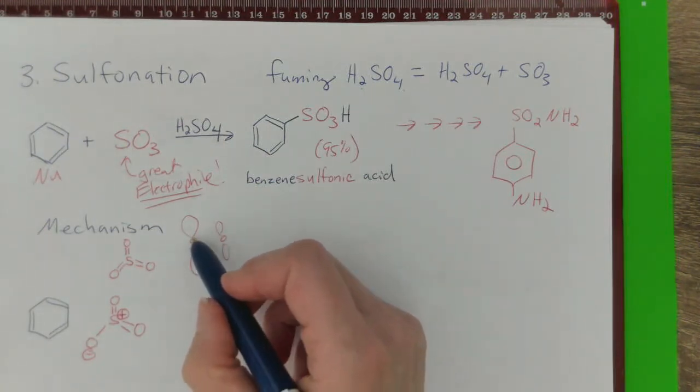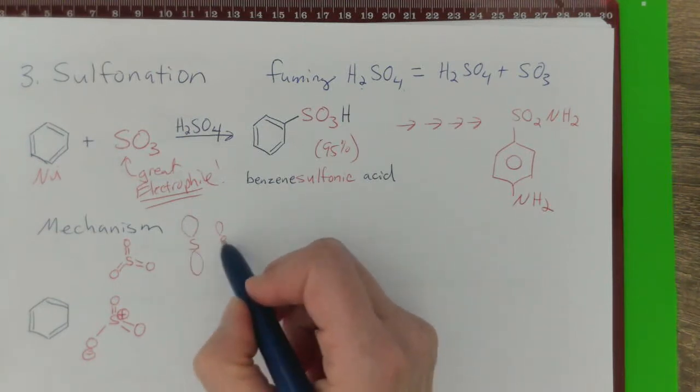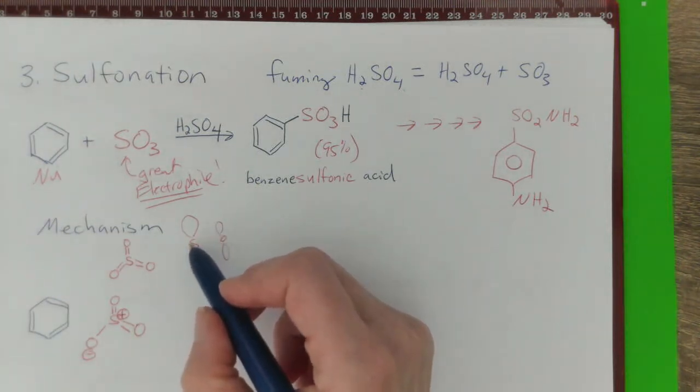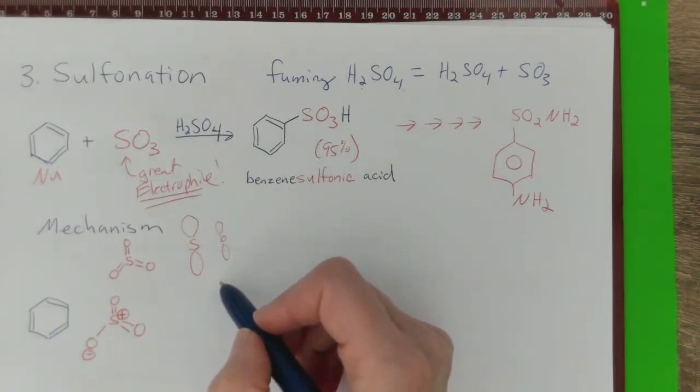So in its valence shell, the 3p that it's using is much, much bigger than the 2p from the oxygen. And because of this, there's really not good overlap between these p orbitals.